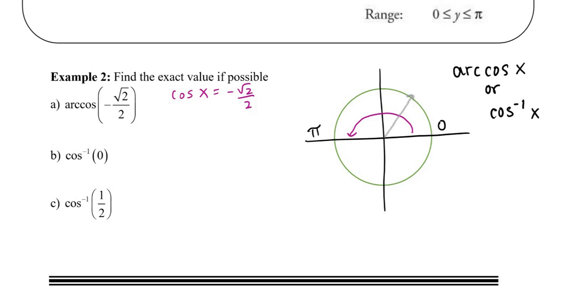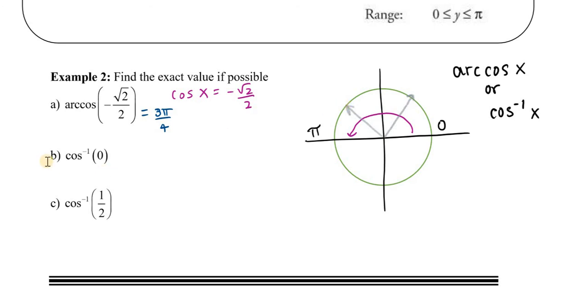But that would be positive, so we want the negative version of that. So we're going to head this way, and we need to figure out what that value would be. Well, this is 0, this is pi/4, 2 pi/4, so this is 3 pi/4. So that is our answer, 3 pi/4.